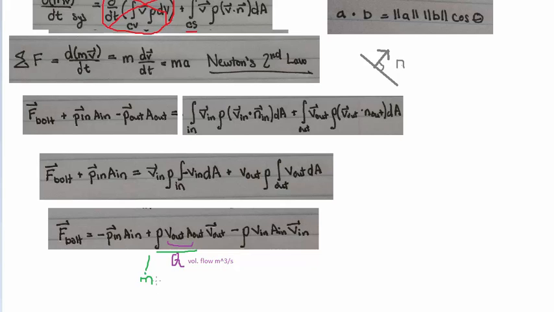You also notice that that equals rho times Q. So that's mass flow. If you condense these terms, rho vA, what you're seeing is your mass flow times the velocity of the flow at that point.